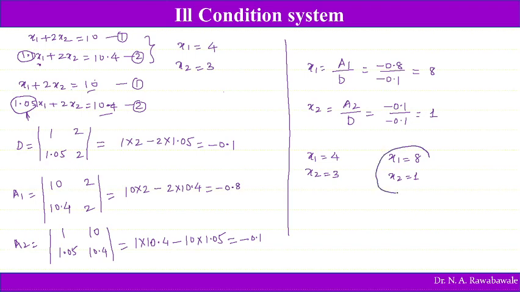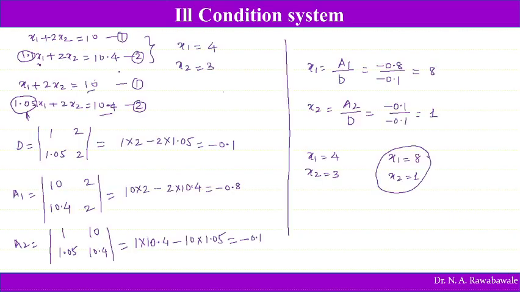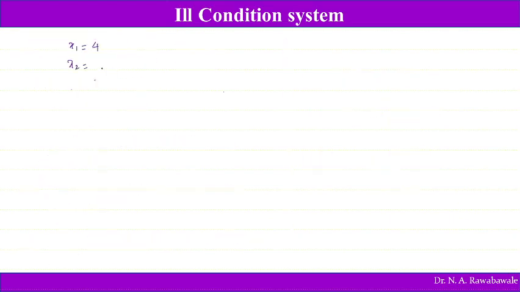So say for example, first set of equation. So let's have a new slide. So x1 is equal to 4, x2 is equal to 3 in the first set, and x1 is equal to 8 and x2 is equal to 1 in the second set.